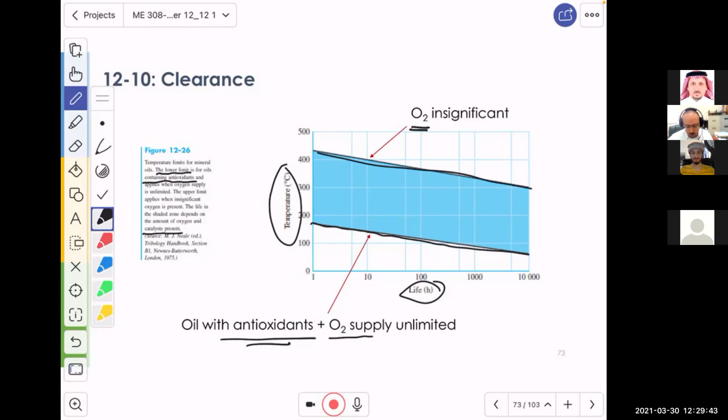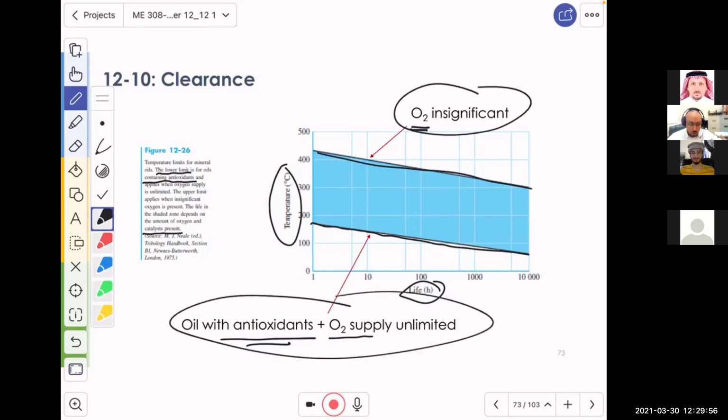So this is to tell you that there are more things that change with time with respect to oil, depending on the operating condition. You need to be aware that this oil will change its characteristics depending on whether there is a supply of oxygen or not. This is just an example.